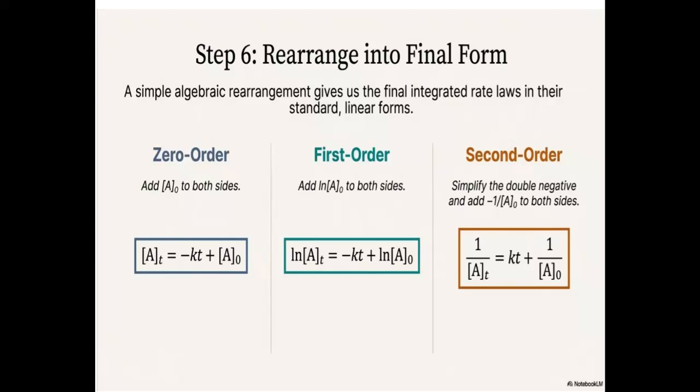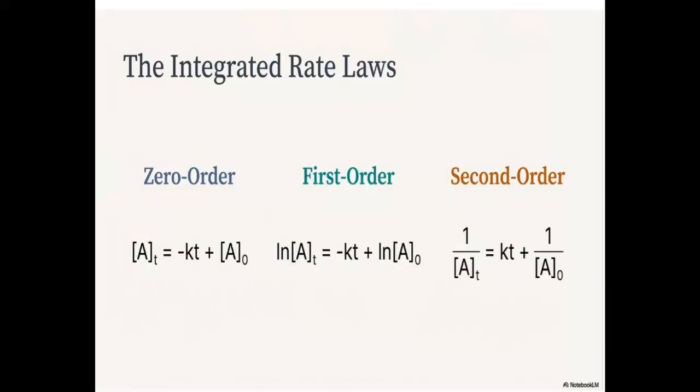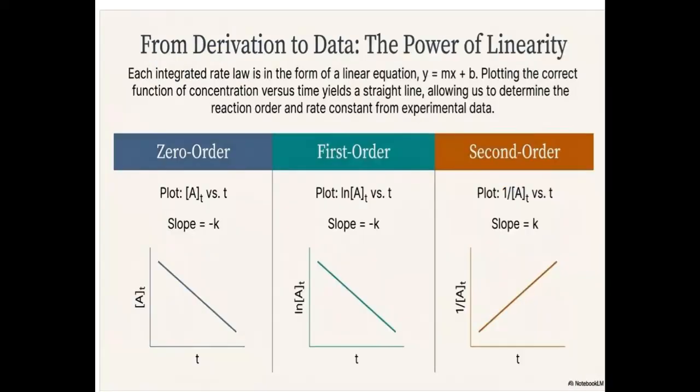So we had to do all that math to get these three equations that you do not have to memorize because you have a reference table that has them. And that table includes what the rate law for that order is, and how the equation over time will look.